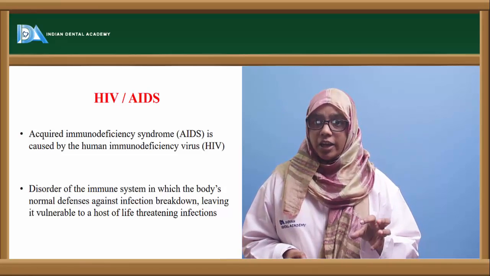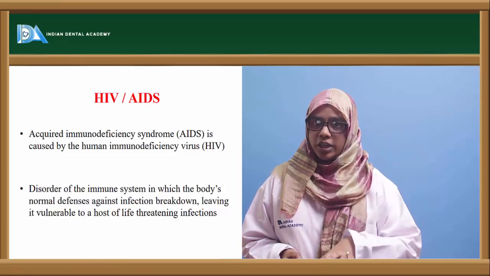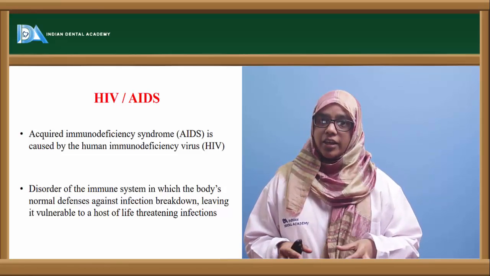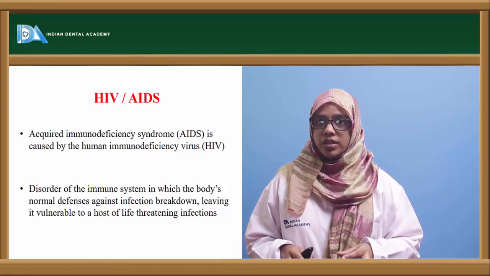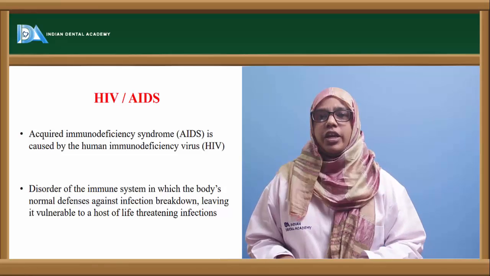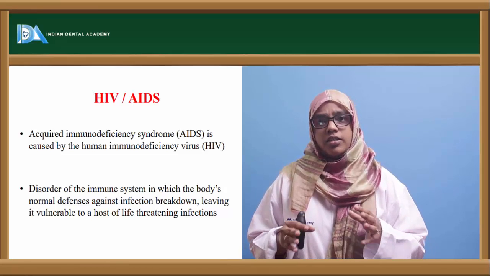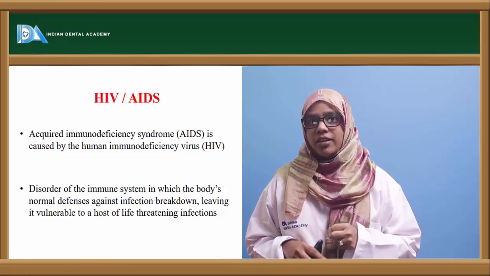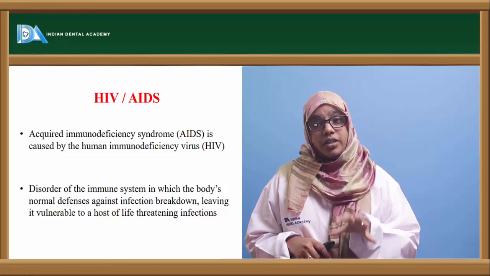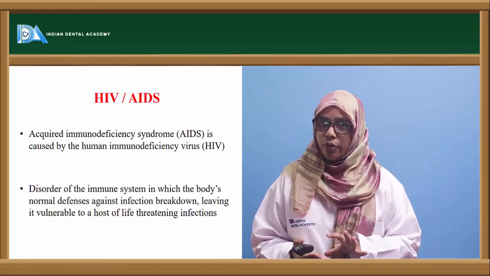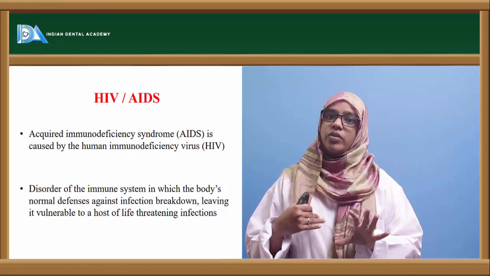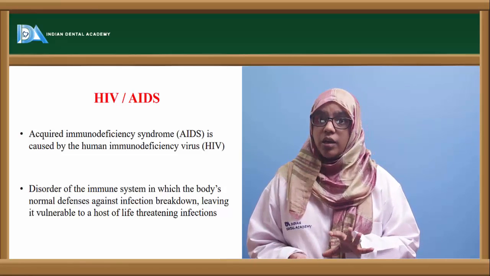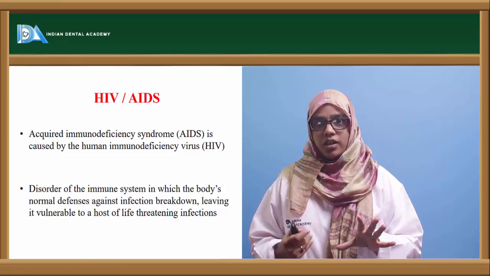It gets incorporated into the cell, takes over all the mechanisms of the cell and starts producing multiple virions, and eventually cell death occurs. The body also has a response towards this, but the body's response is comparatively slower than the amount of virions that are generated.